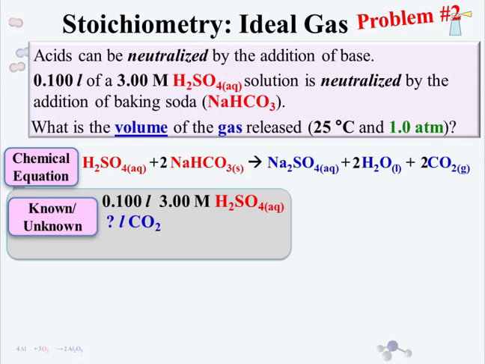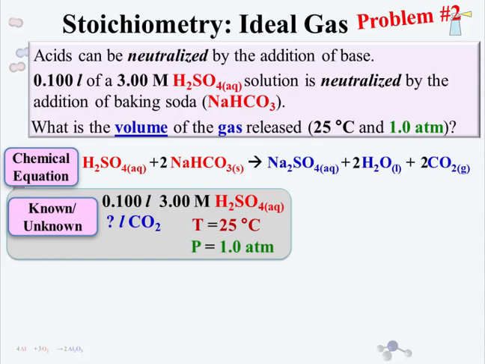Is that it for knowns and unknowns? When dealing with gases, additional gas properties are usually required. The problem says that the products will be at 25 degrees Celsius and have a pressure of 1.0 atmospheres. Those values need to be included in the setup of knowns and unknowns.